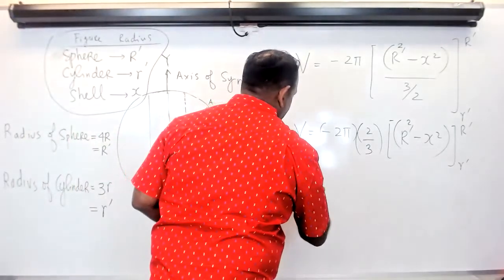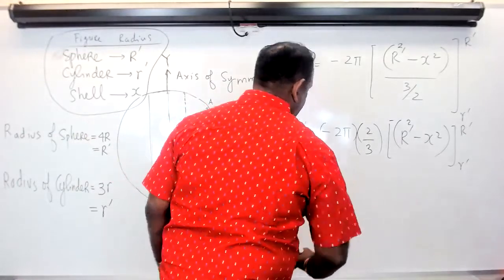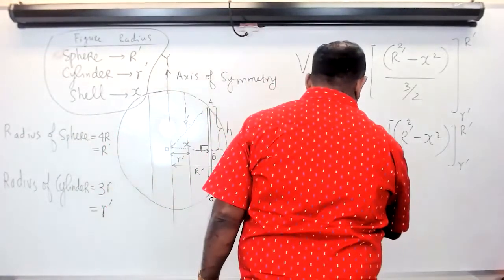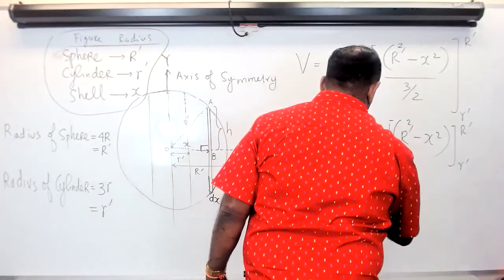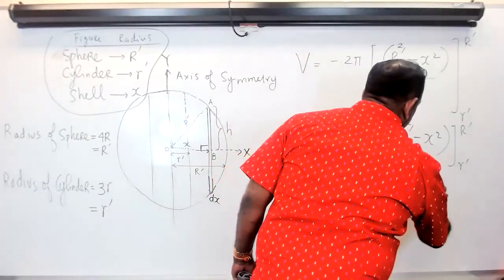V equals negative 4 pi over 3, capital R prime squared minus x squared, R prime.